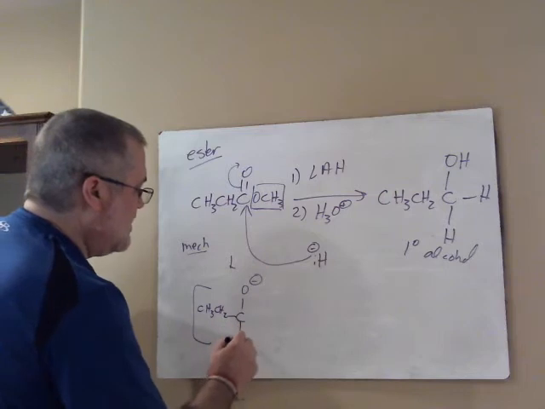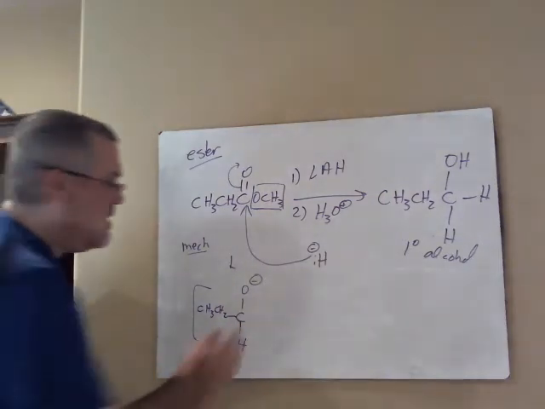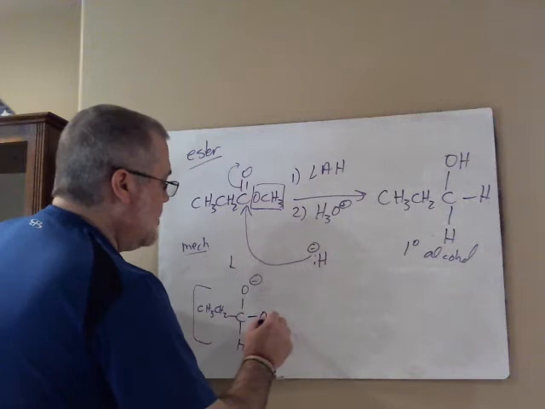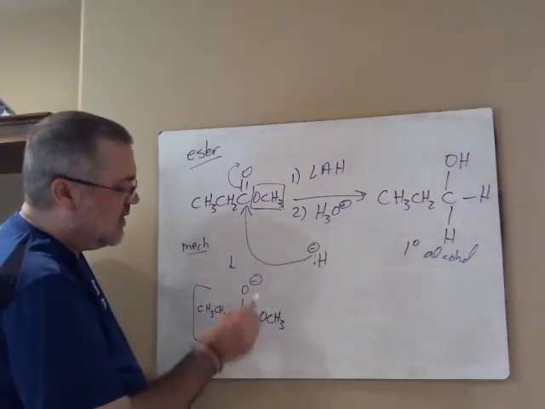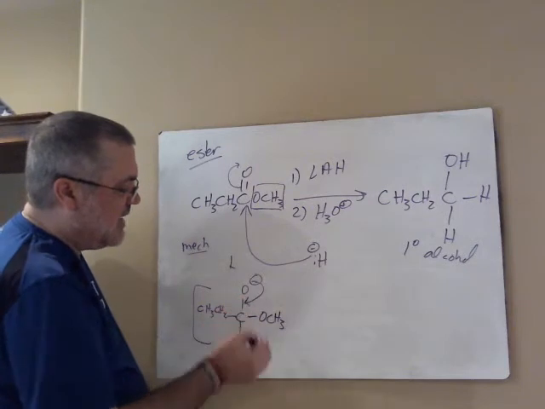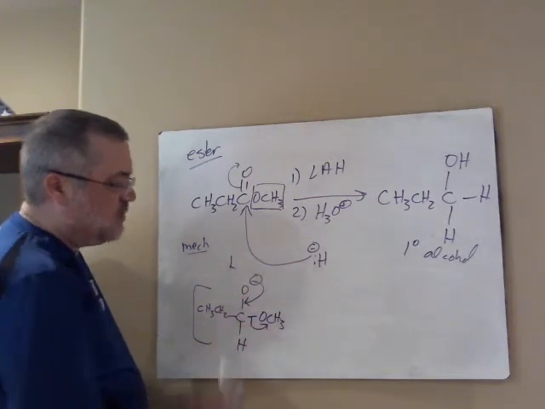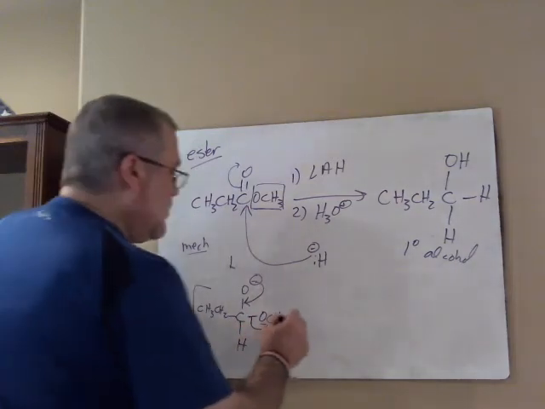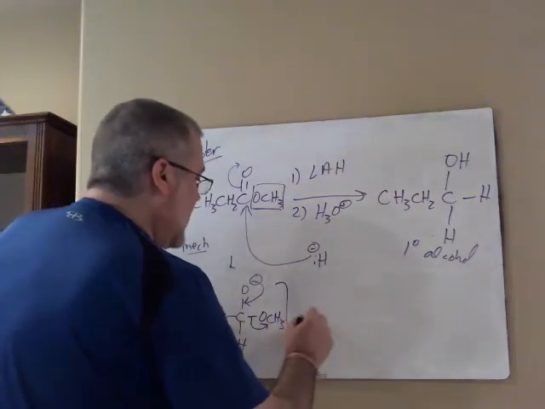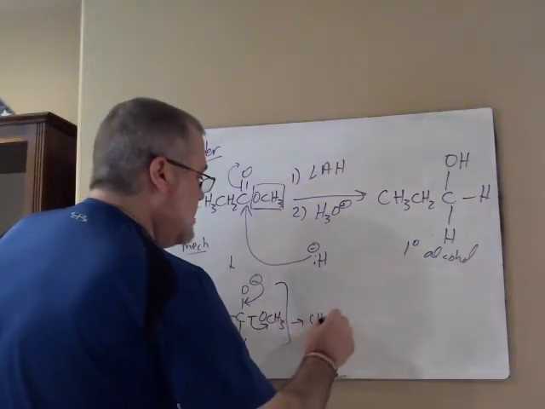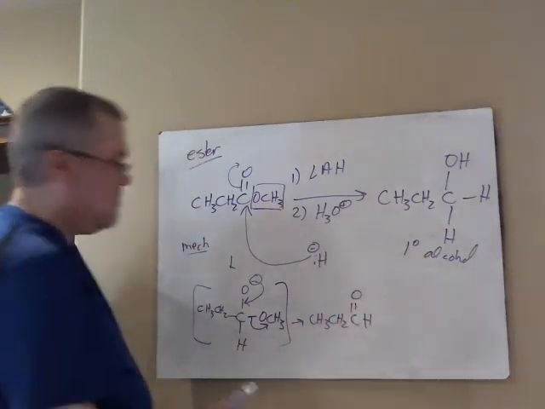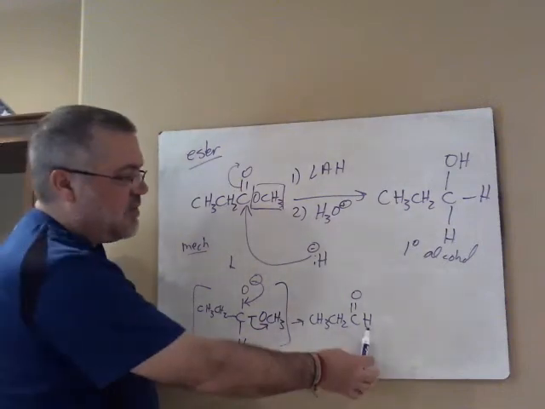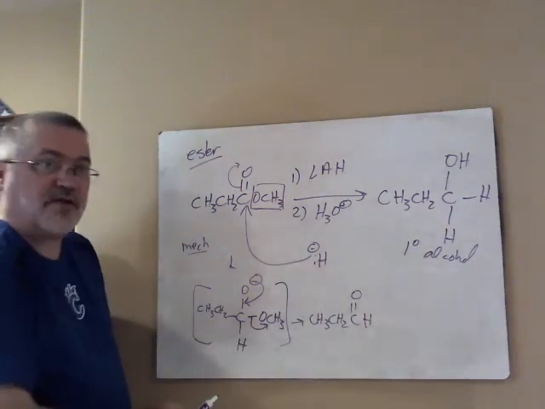I have added this hydride, and then I have my OCH3. And since this is a good leaving group, these electrons could come back in and then displace the leaving group. So initially, I will form the aldehyde, where this was from the first equivalent of hydride reagent.